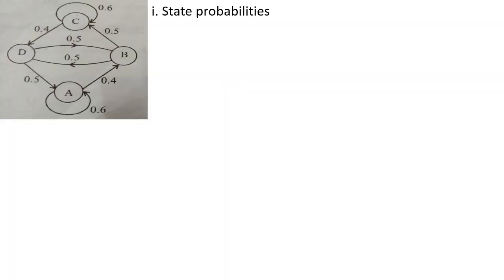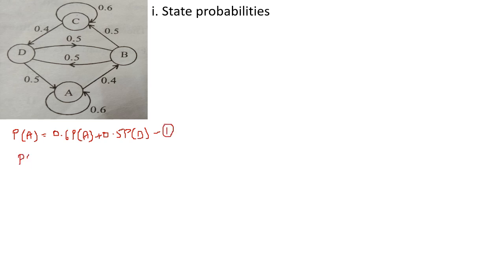To find the state probabilities, we need to write the state equations. So from the state diagram, we'll write the 4 state equations. P of A is nothing but 0.6 times P of A plus 0.5 times P of D. So this will be the first equation.